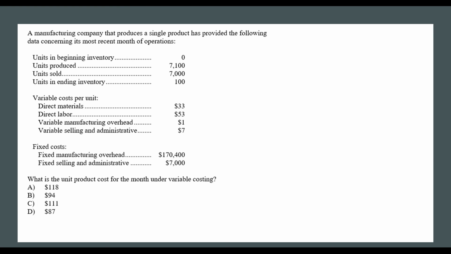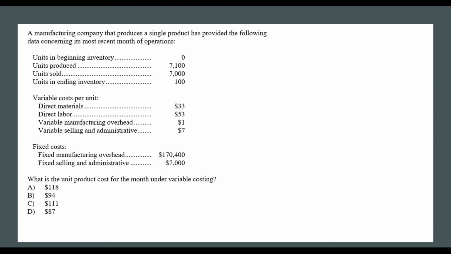And then we have your variable cost per unit of $33 for your direct materials, $53 for your direct labor, $1 for your variable manufacturing overhead, $7 for your variable selling and administrative expenses, and we have here your fixed cost relating to your manufacturing overhead amounting to 170,400, your fixed selling and administrative expense of 7,000. So the question here is, what is the unit product cost for the month under variable costing?